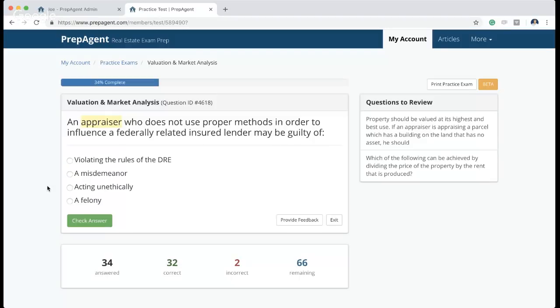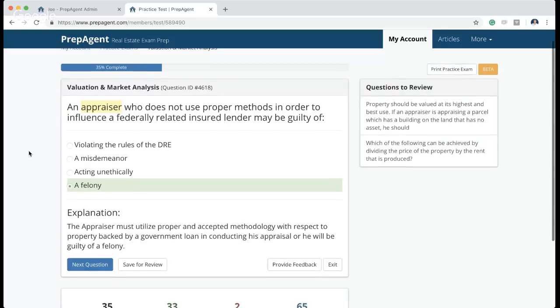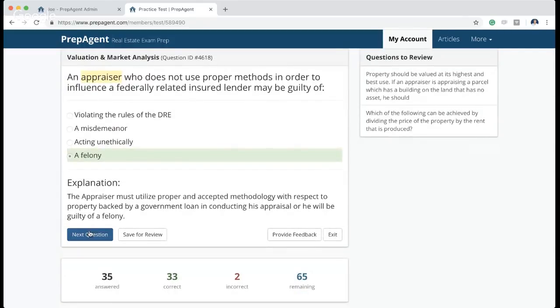Okay, everybody, and the answer is D, a felony. Keyword, this is a federally related insured lender.